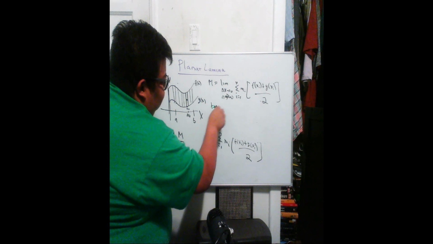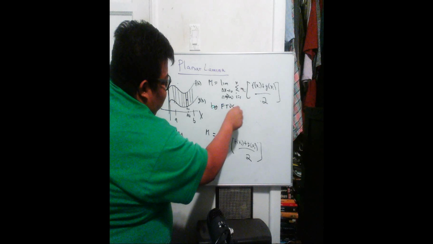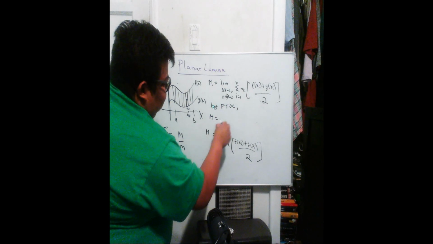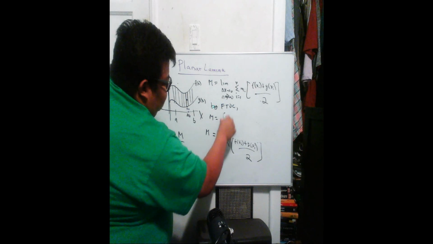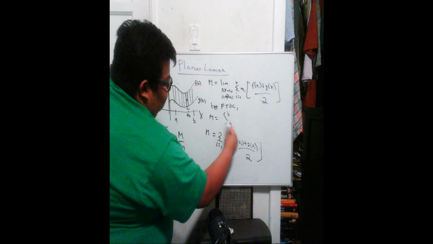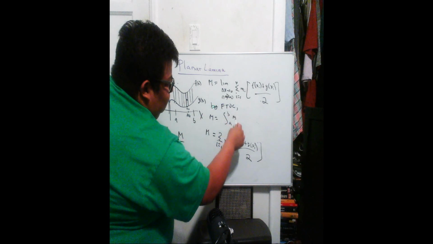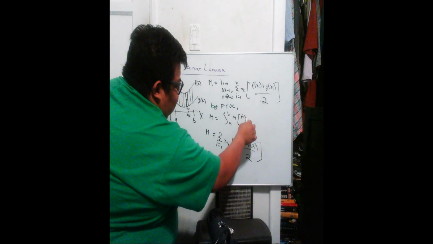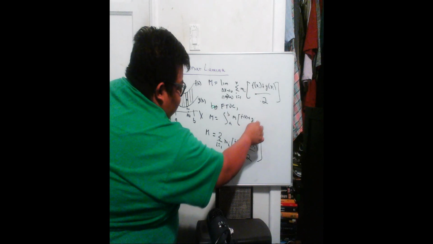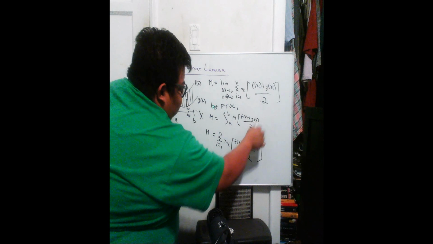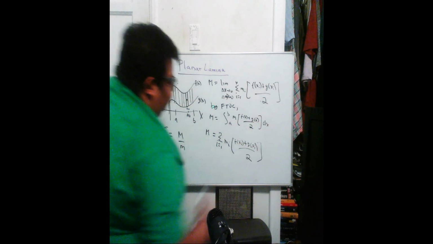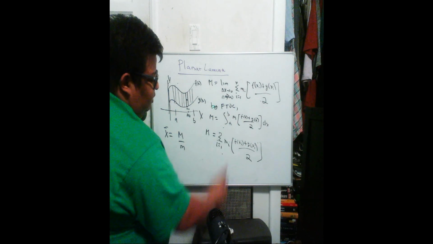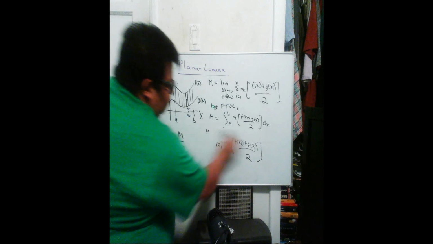So by the fundamental theorem of calculus, the total moment of the whole lamina becomes the integral from a to b of the mass times f of x plus g of x over 2 dx. This is an approximation, this is an exact answer.